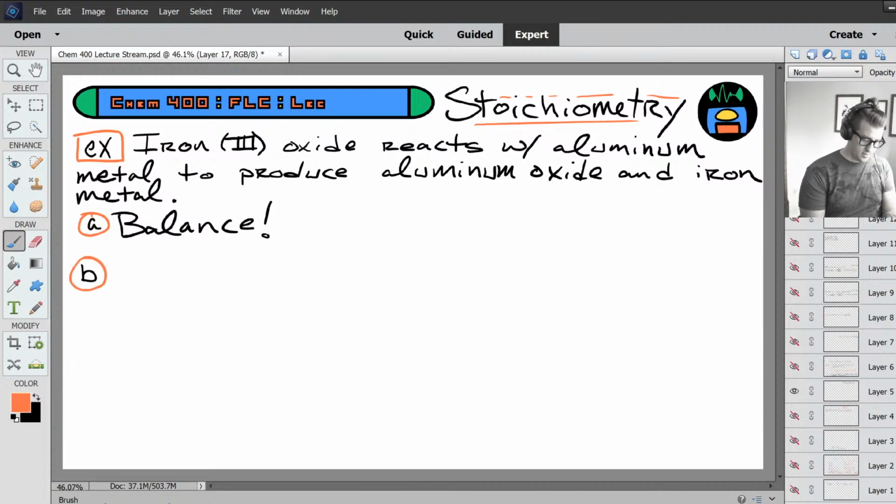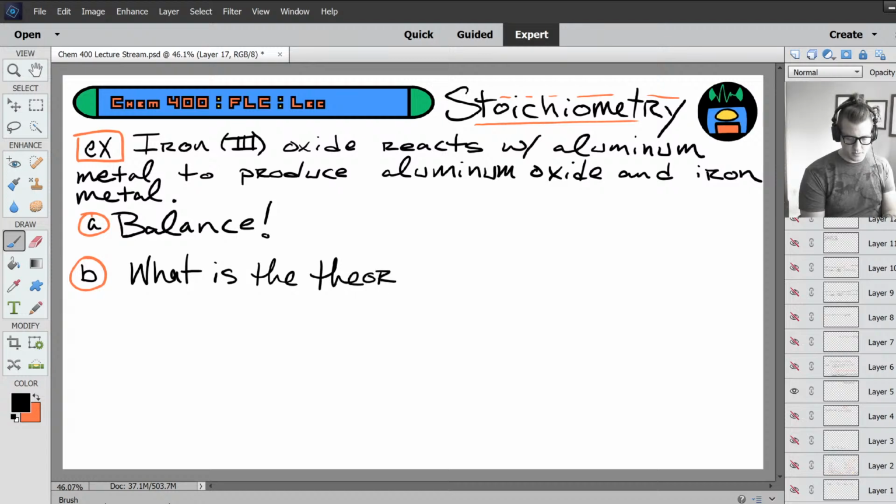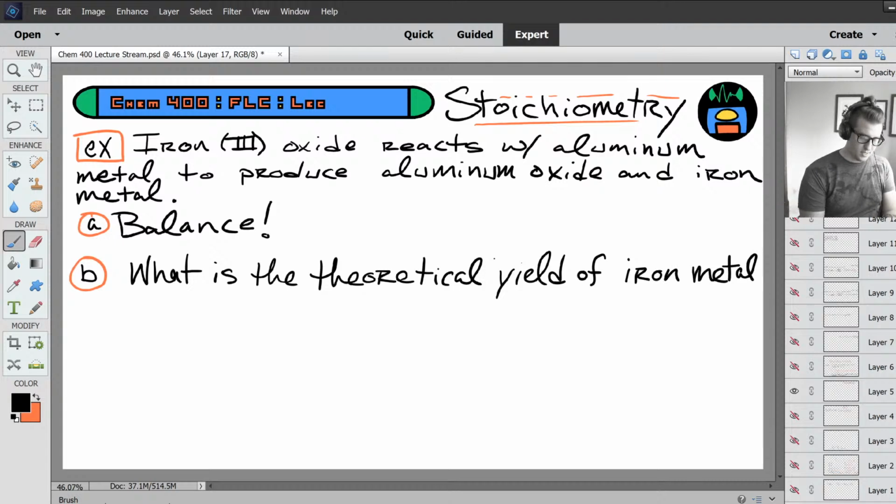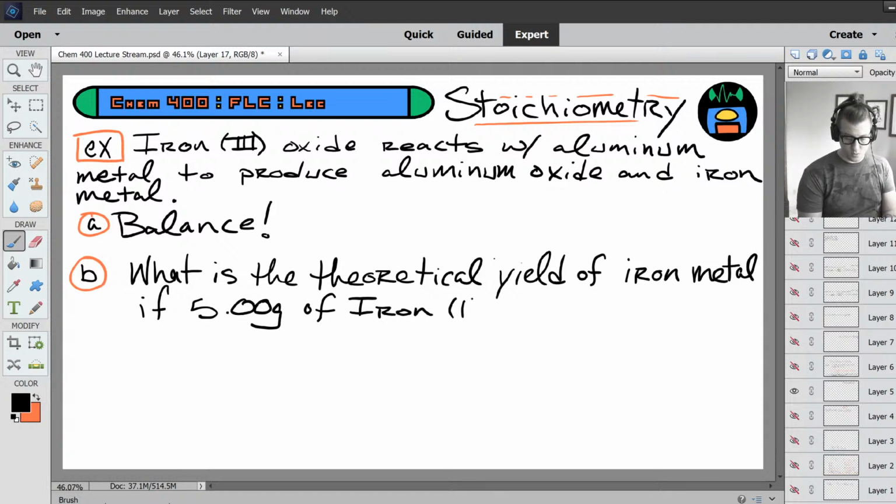Part B, what is the theoretical yield of iron metal if 5.00 grams of iron 3 oxide reacts completely?